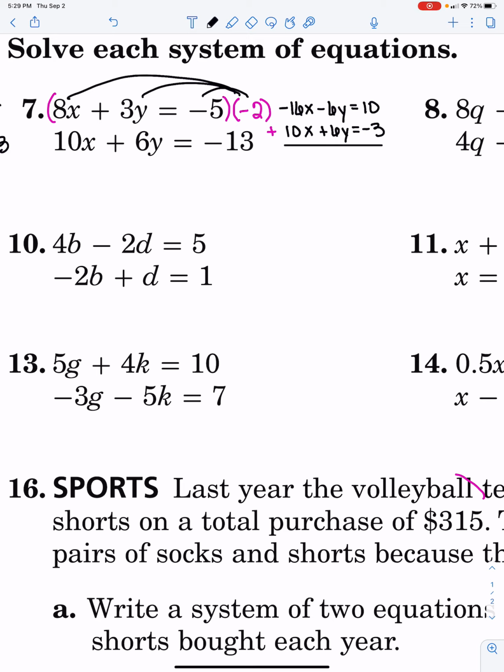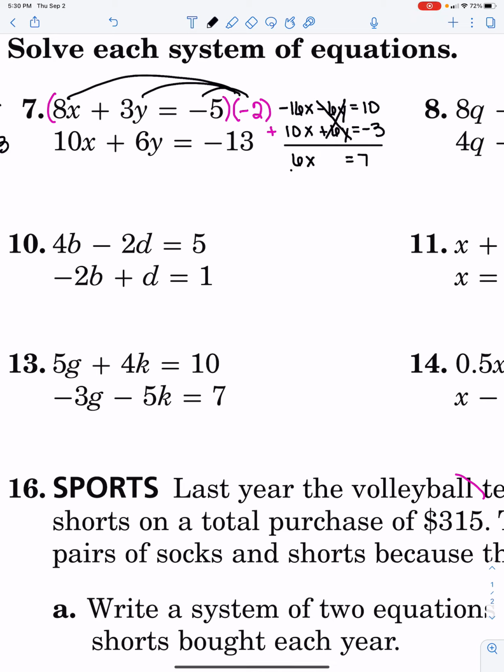-16x plus 10x gives me 6x. The -6y and +6y eliminate, and I get equals 10 minus 3, which is 7.